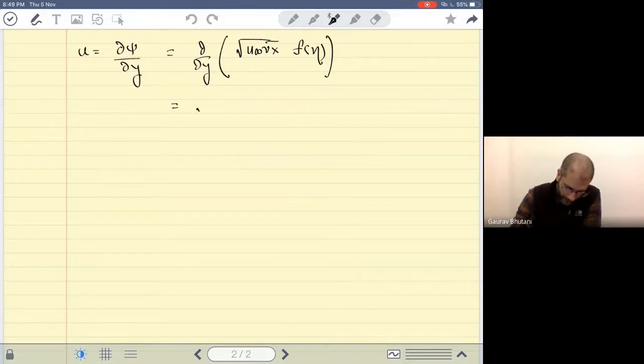Since I can treat all this as a constant, I have del by del y of f, but f is simply a function of eta. So I can use the chain rule and write this as df upon d eta times del eta upon del y.